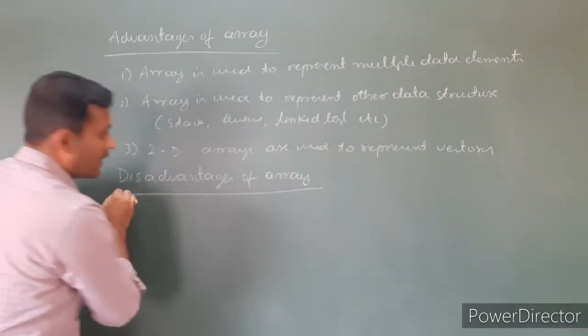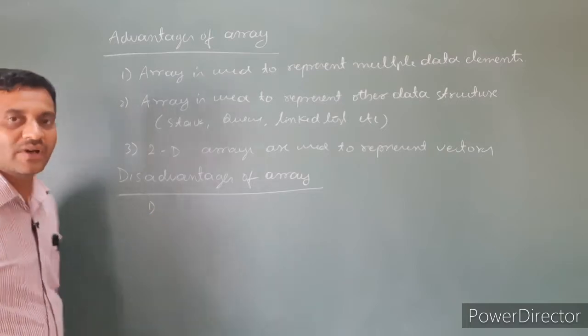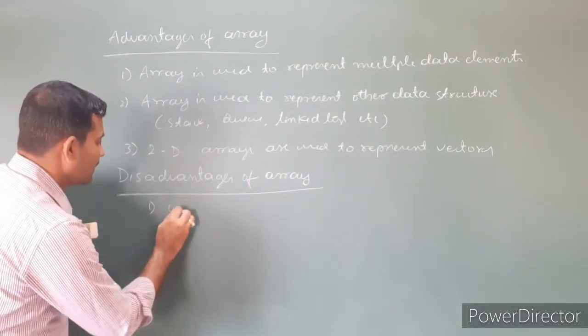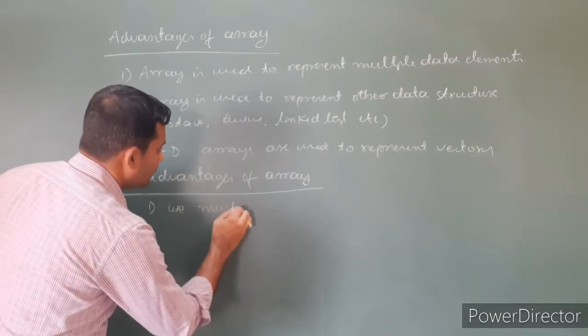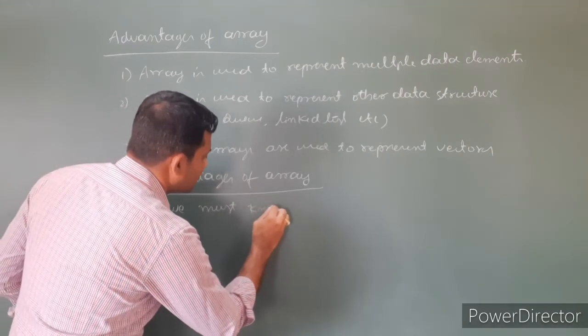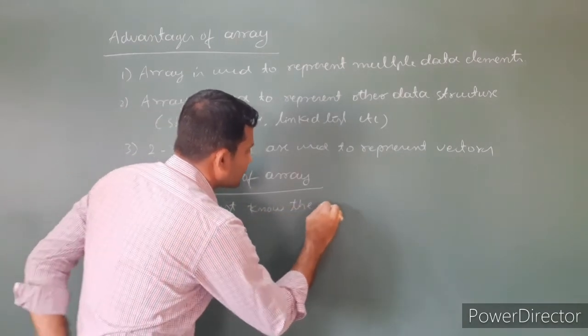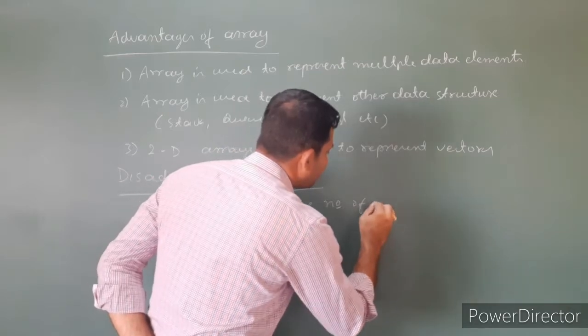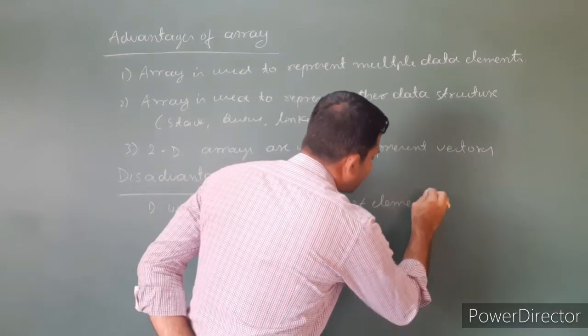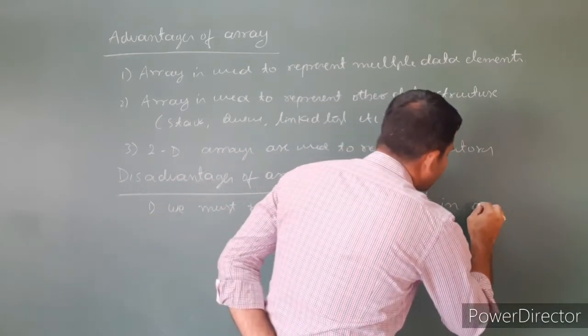Disadvantages of arrays. The first disadvantage of an array is we must know the number of elements in advance.